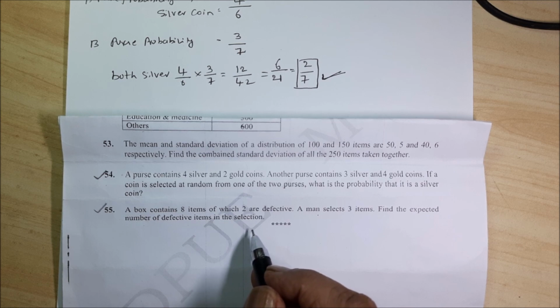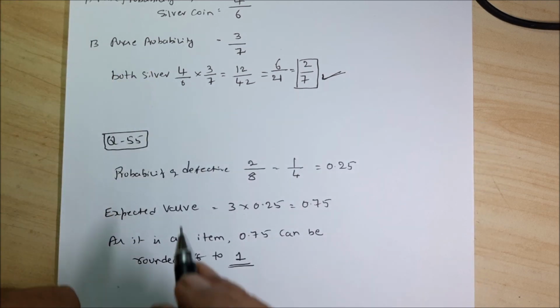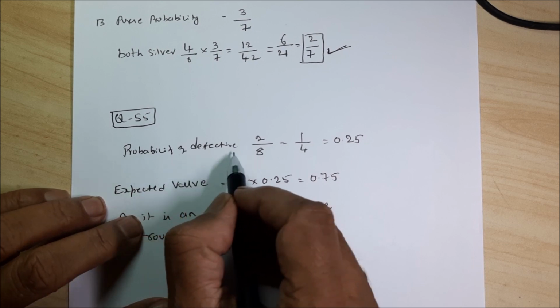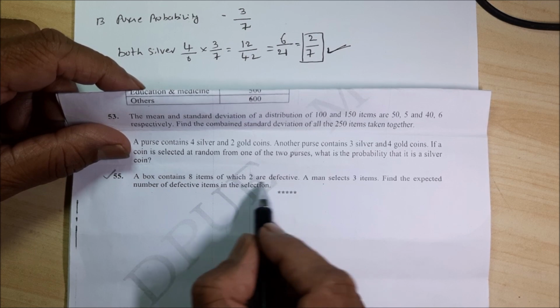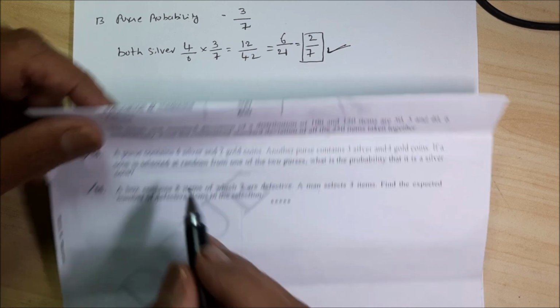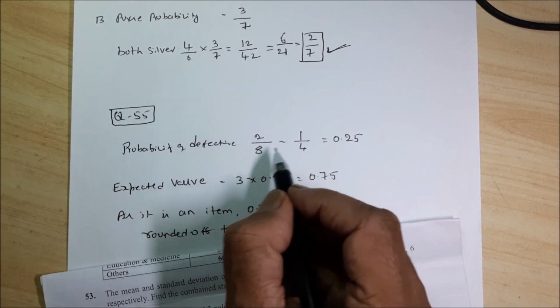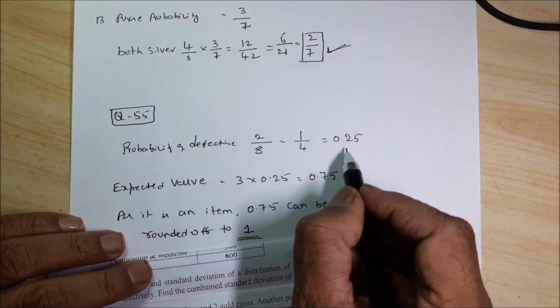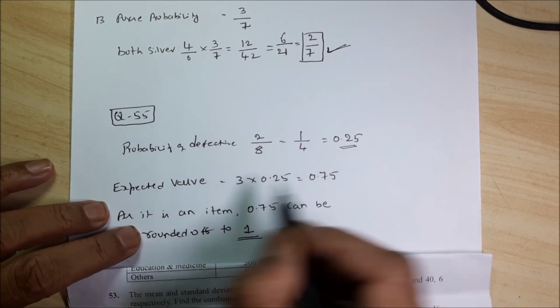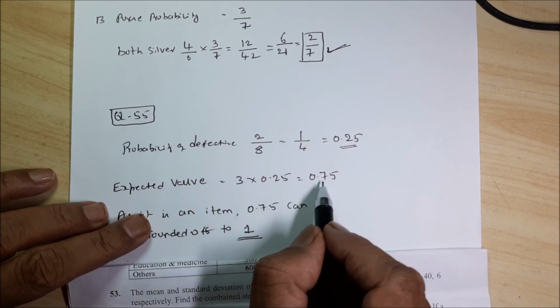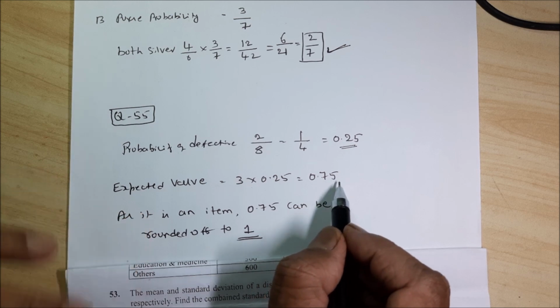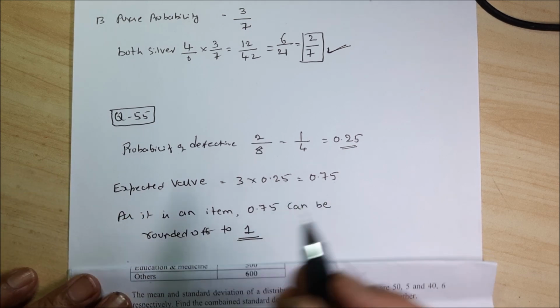When you toss a coin, it may be head or tail, but how many times? It is 50-50. In a similar fashion, here you have to write the probability of defective as 2 by 8. Why 2 by 8? Because 2 are defective out of 8 items. So 2 by 8 is equal to 1 by 4, which is 0.25. So the expected value is 3 into 0.25, which is 0.75.